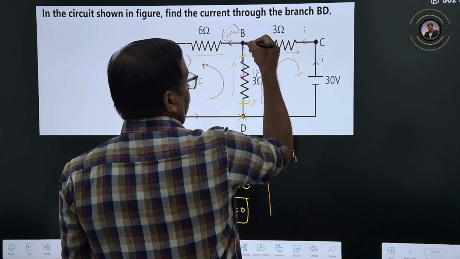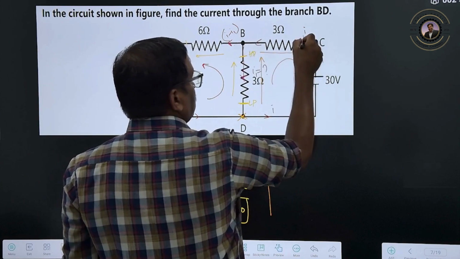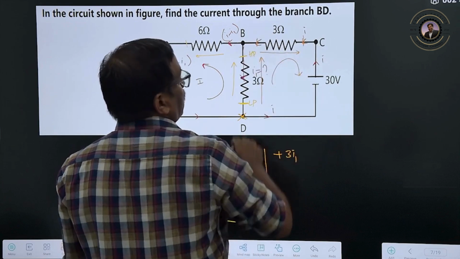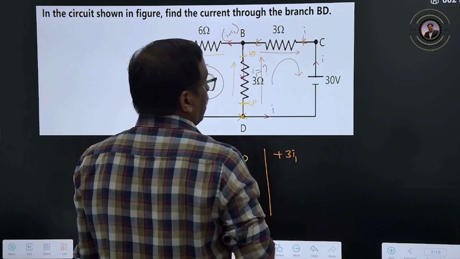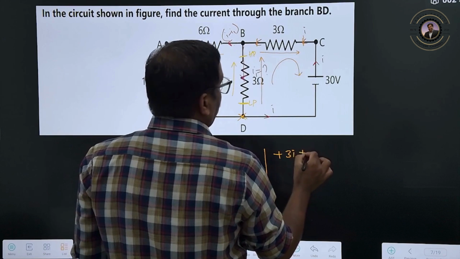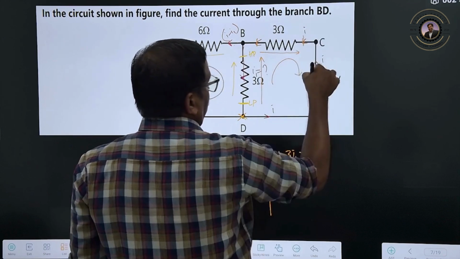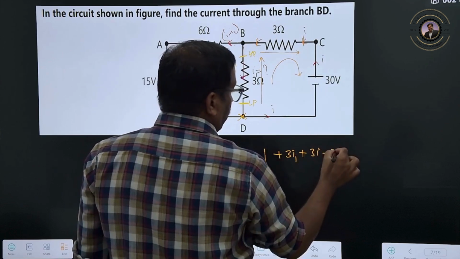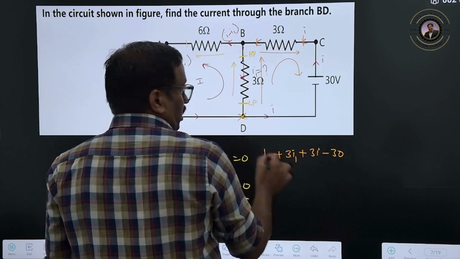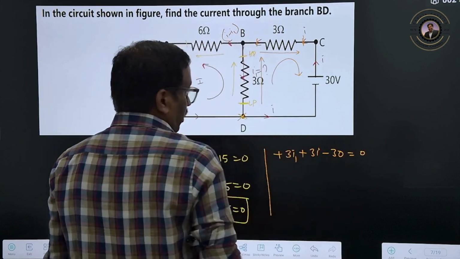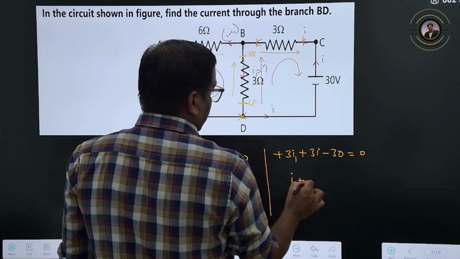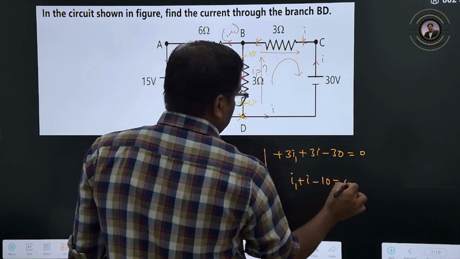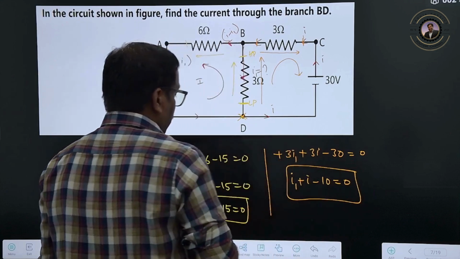Current is coming from here to here, that means this is your higher potential, this is your lower potential. I am going from lower potential to higher potential, so gain, therefore plus 3I. Now I am going from here to here, so here 30, therefore minus 30. Then there is nothing else. It will be equal to 0. So therefore I1 plus I minus 10 is equal to 0 because I took the 3 common.